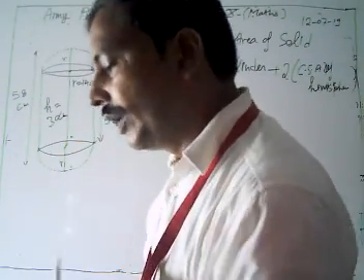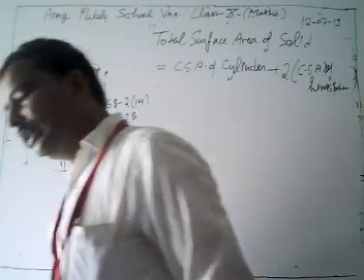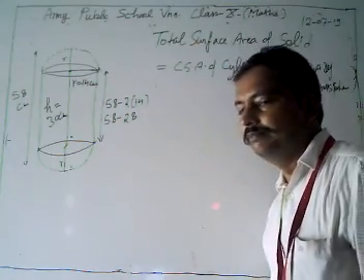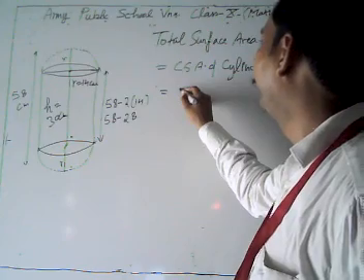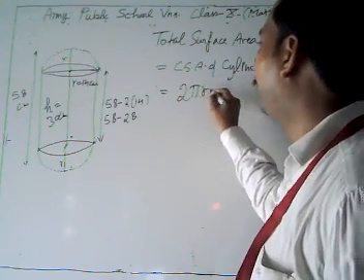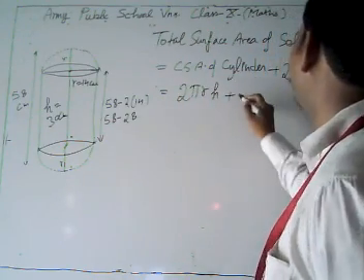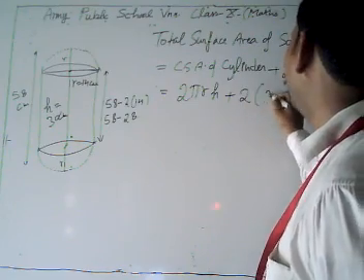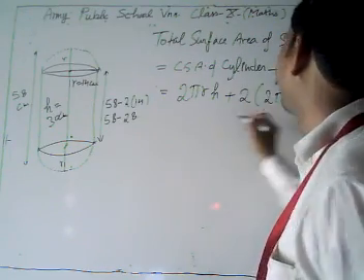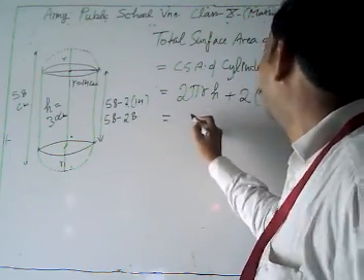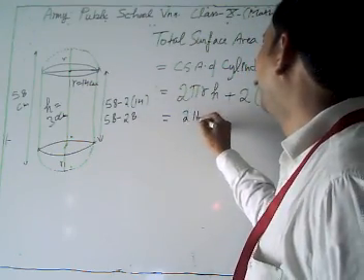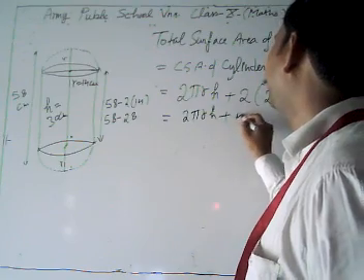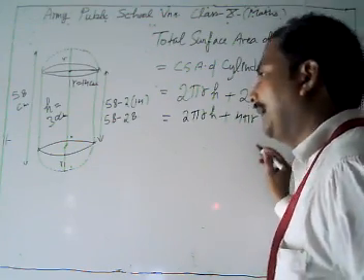Now we have to put the values in and calculate. The curved surface area of the cylinder is 2 pi r h, and 2 times the CSA of a hemisphere is 2 into 2 pi r square. Look, r is the same, so we can take out common: 2 pi r h plus 4 pi r square.